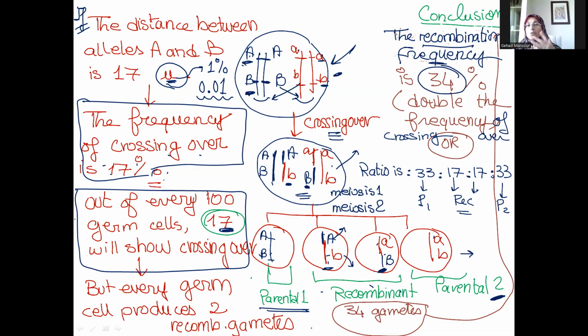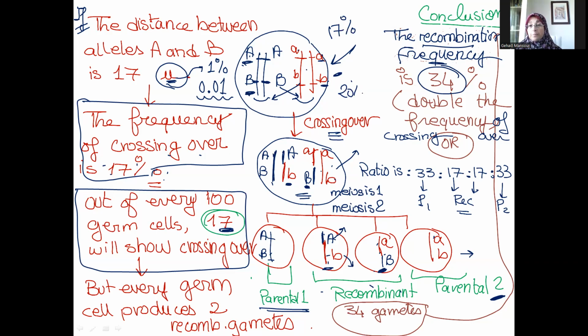But here, why are we saying that out of every 100 cells, only 17 show crossing over? Show crossing over for that particular pair of chromosomes or that particular tetrad that you are seeing. So if 17% show crossing over for that tetrad, maybe for another tetrad, 20% would show crossing over.